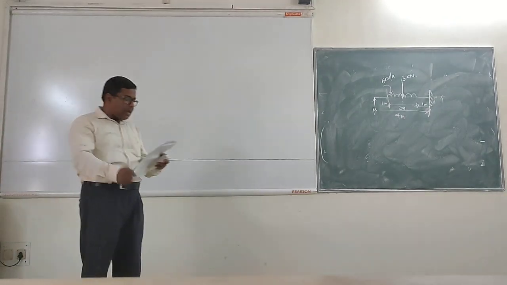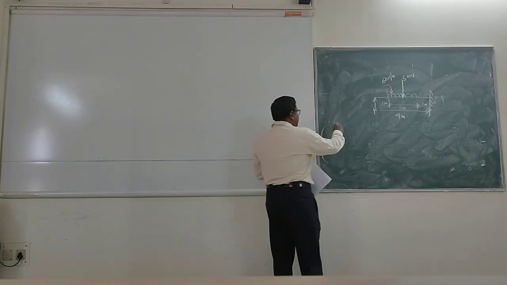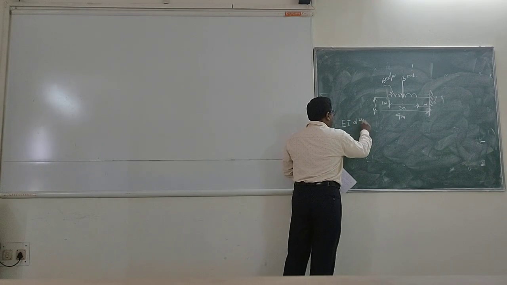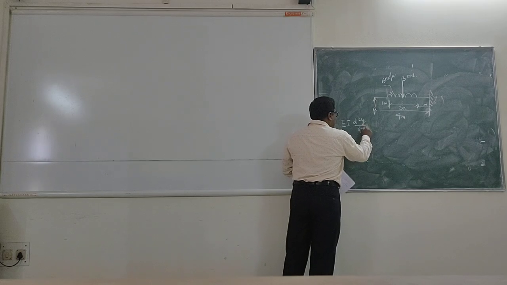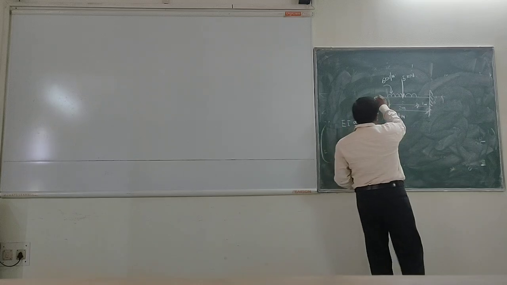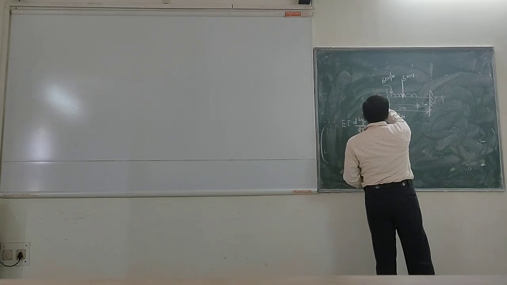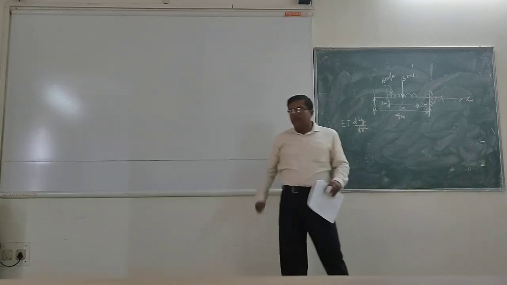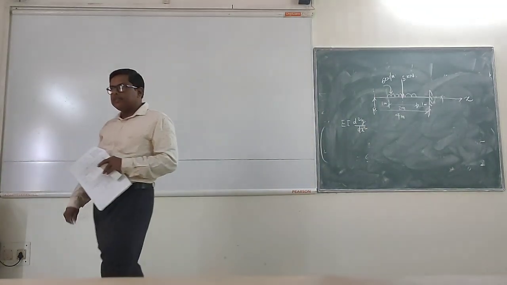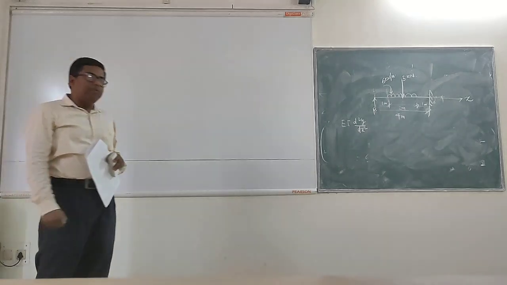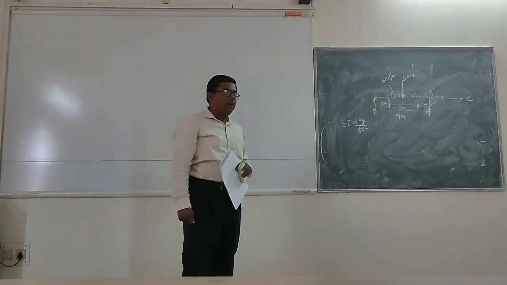And if you remember, the equation of deflection is EI d2y/dx2. From where to where do I take x? I will take x from here, left to right. Is it clear?